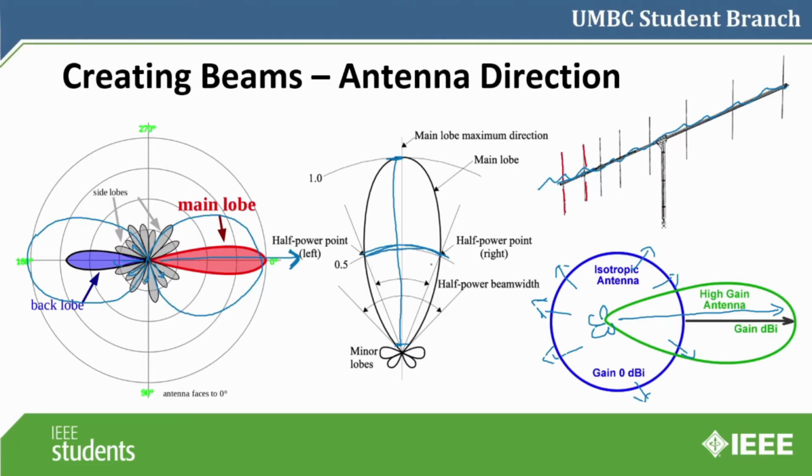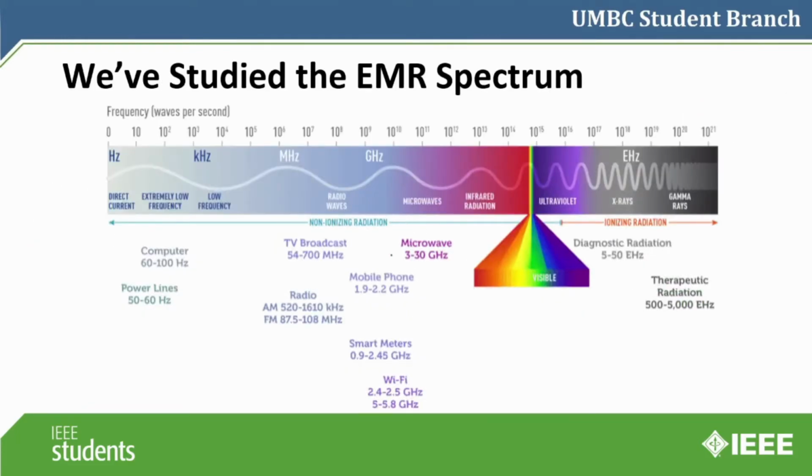So now that we know how to transmit, let's talk about the frequency that we transmit at. So we know the electromagnetic spectrum. We've measured this over the centuries that we've researched it. And we know that different frequencies have different properties. The main property being what materials they can pass through.